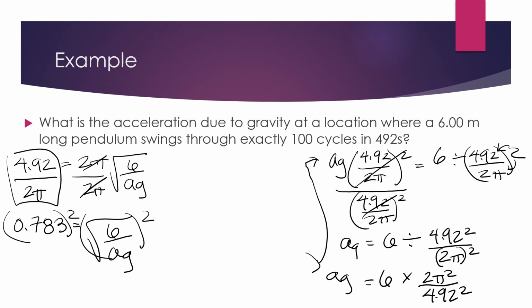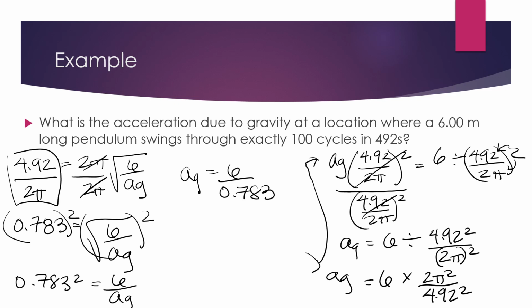Then we would get 0.783 squared equals 6 over a sub g. Then I would just have to say a sub g equals 6 divided by 0.783 squared. That might be easier to see.